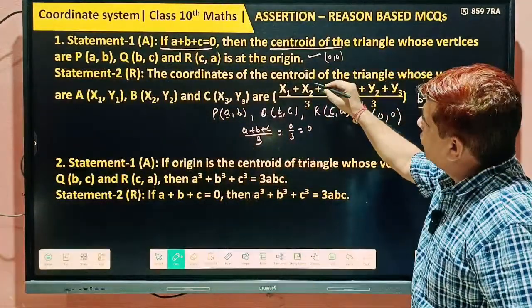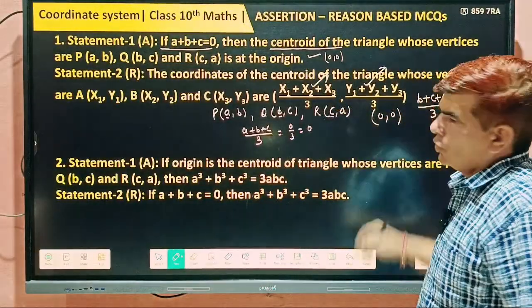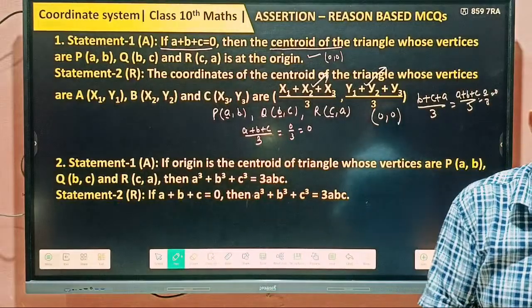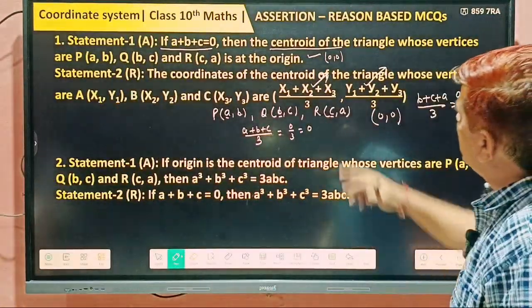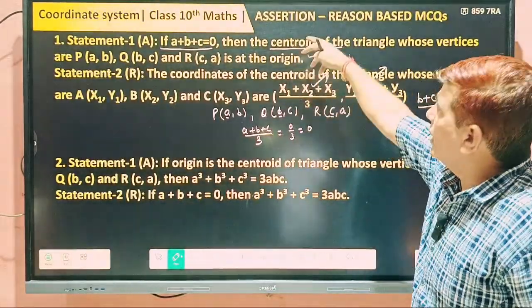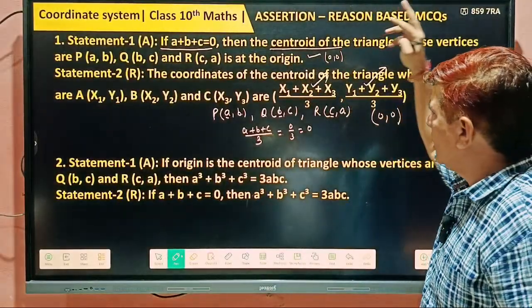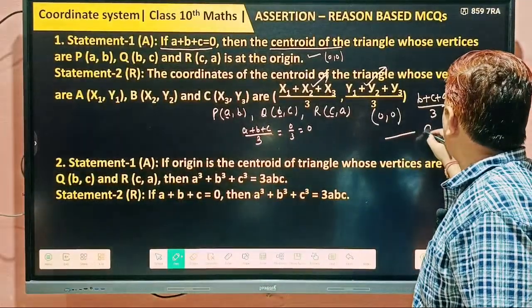So this is the formula for finding the centroid of a triangle. So statement S2 is also right. The formula is written, and S2 is the correct explanation of it. So definitely, what's its answer? This A is its answer.